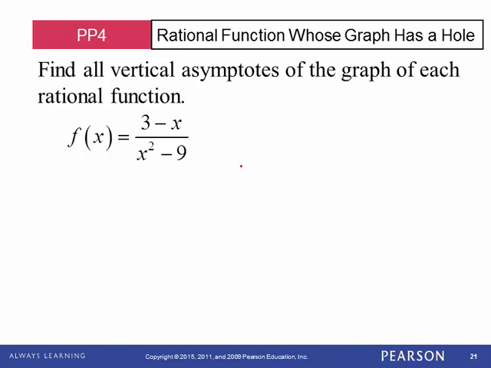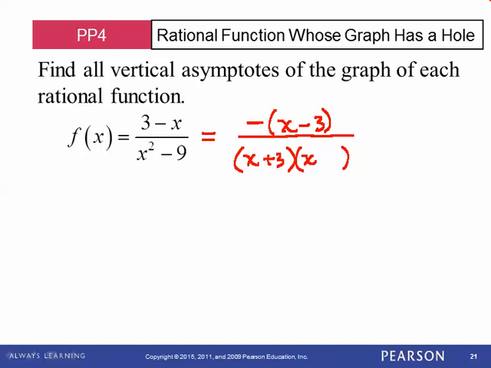Alright, so remember from algebra rules here, I don't like to have the 3 in front and the x in the back. I like to turn it around so that the x is first. In order to do that, I have to factor out an x, or I factor out a negative there. And then that's the difference of 2 squares, so that'd be x plus 3 times x minus 3.